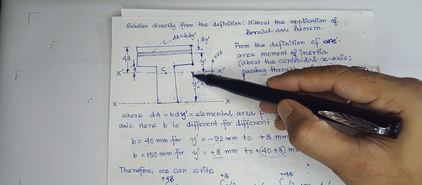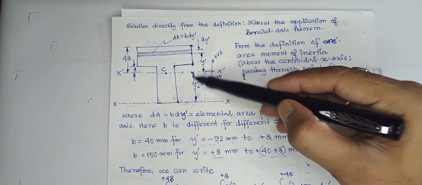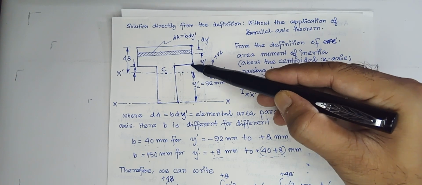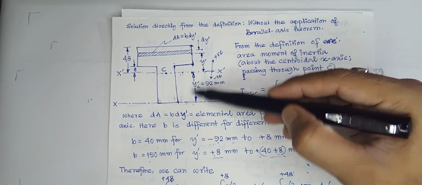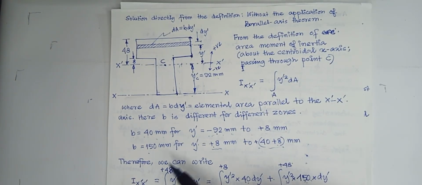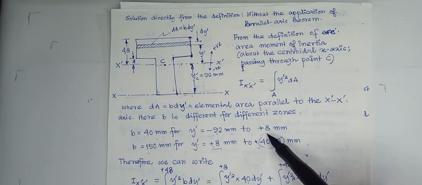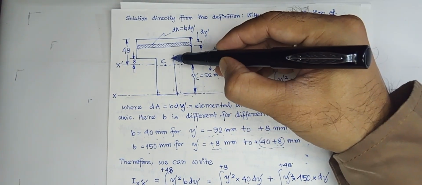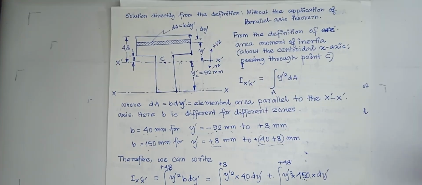Therefore minus 92, because it is 92 mm, to plus 8, because this much is 8. Total it is 100. You can understand, this is minus 92 and this is 8, so total it is 100.